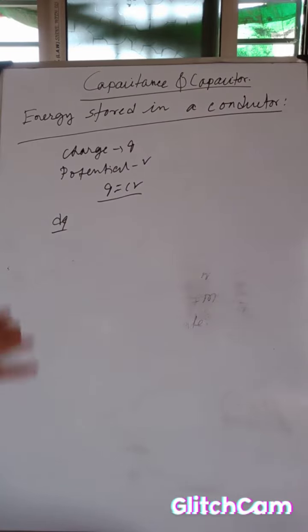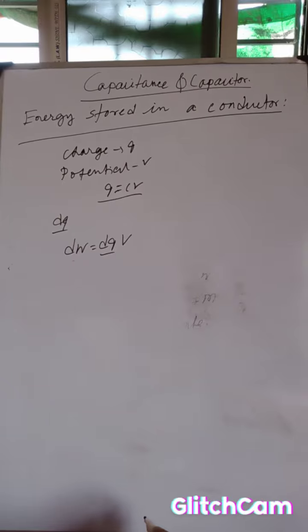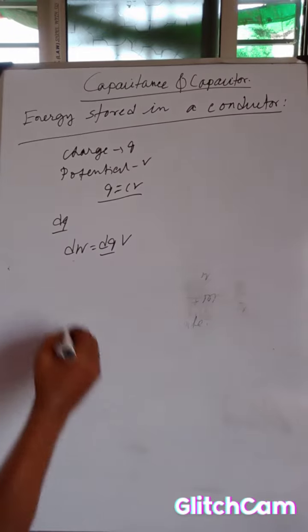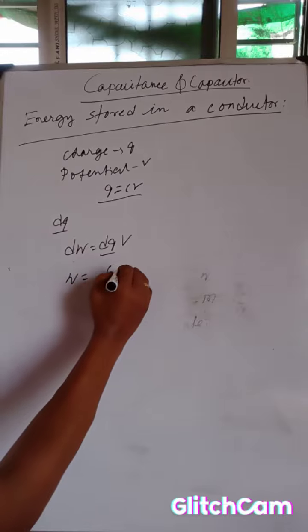We know W equals QV, so dW will be dq into V. For total work done we must integrate.